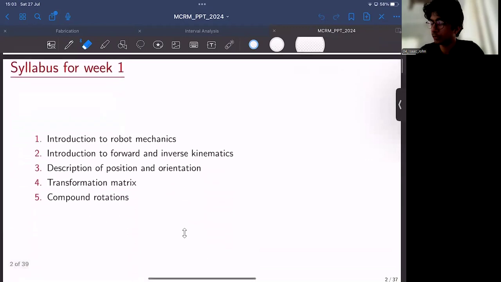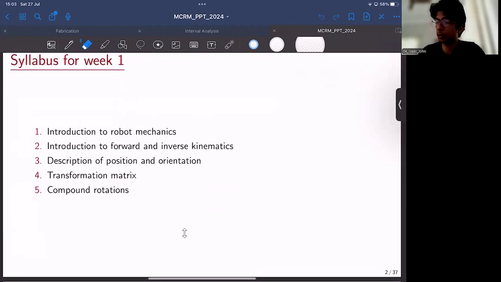Moving on, the topics covered for this week are a brief introduction to robot mechanics, specifically mechanics of robotic manipulators. We would also give a brief introduction to the kinematic problems of robotic manipulators, which are classified as forward and inverse kinematics.